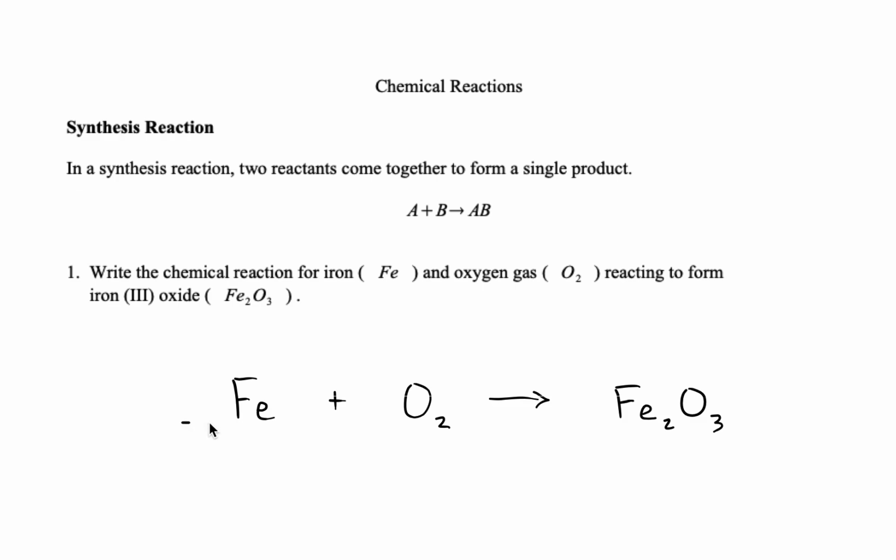So we'll typically put down blanks in front of each item here, and we'll try to put coefficients out front in order to make the equation balanced. We shouldn't try to change the subscripts of the items here.